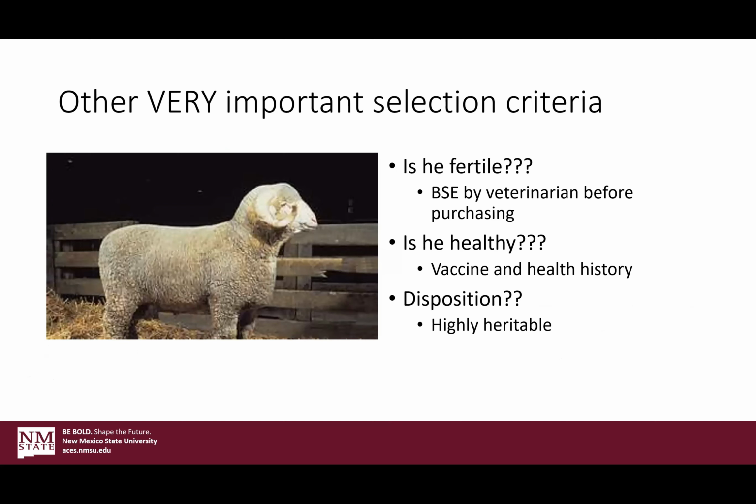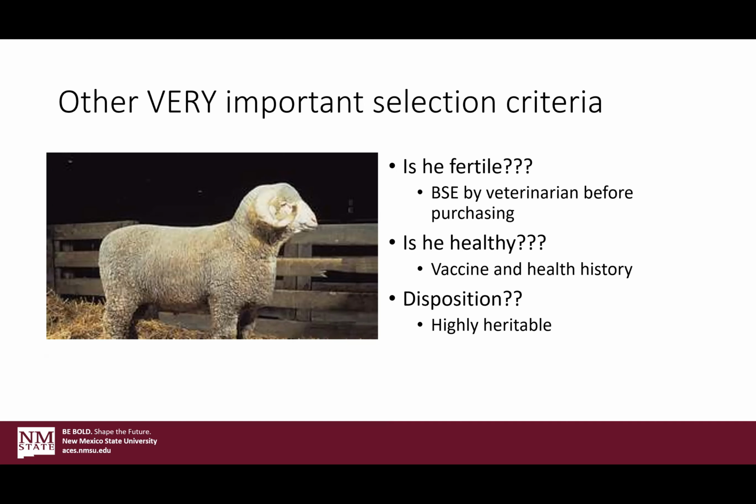This is something in the sheep industry that we really don't do thoroughly enough. And I've heard of multiple incidences where all of a sudden a lamb crop is cut pretty significantly because one ram was not fertile. And so that is something you can work with your veterinarian on.